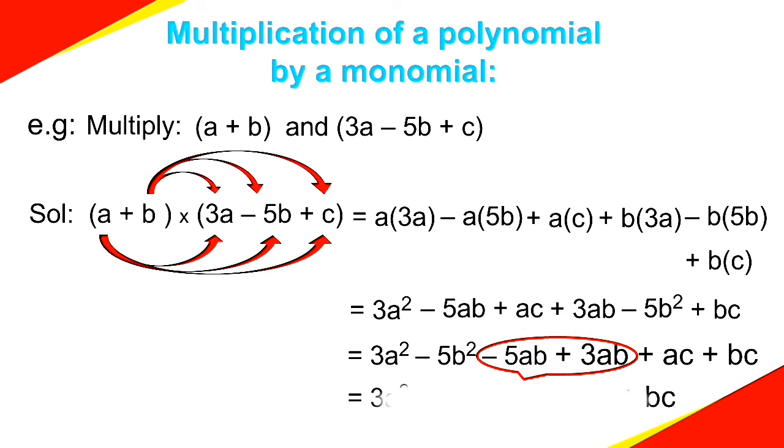Now we are going to simplify. We get 3a square minus 5b square minus 2ab, because when we simplified minus 5ab plus 3ab, we got minus 2ab, plus ac plus bc. Good.